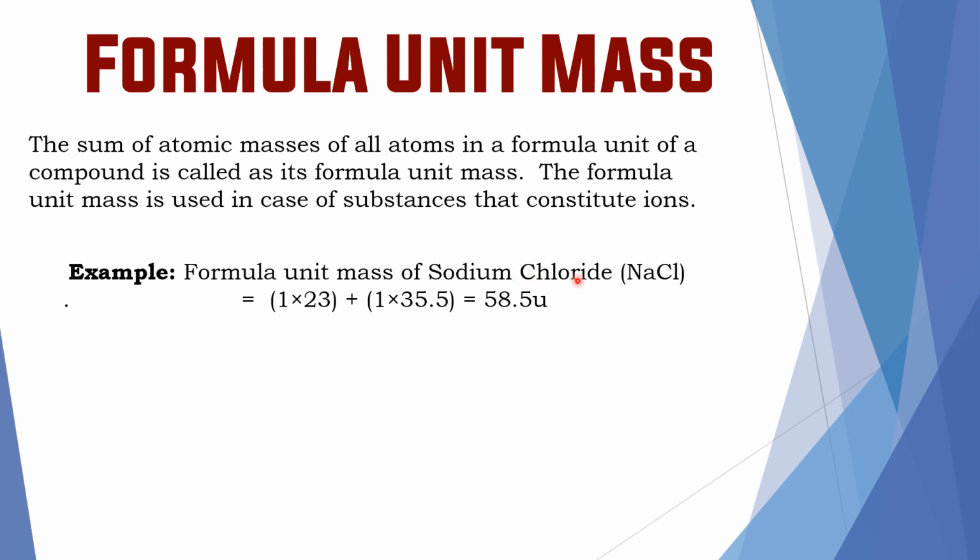So two ions are there, and that's when we take the formula unit mass. First NaCl. How many sodium? 1 Na. So 1 into atomic mass of sodium, which is 23, plus Cl is also 1, so 1 into atomic mass of chlorine, which is 35.5. When we see the total, we get 58.5.